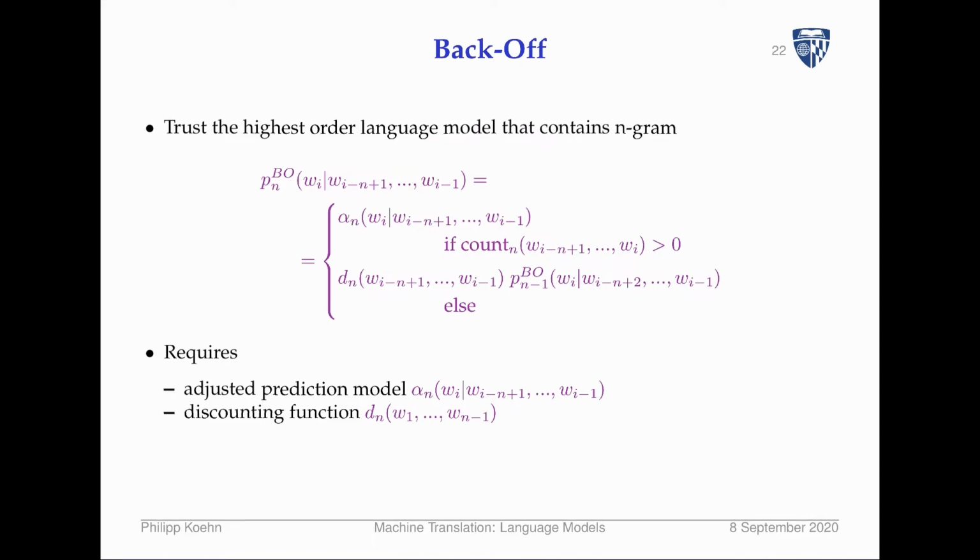Let's do one way of doing back-off, which is to just trust the higher order language model that contains the n-gram. If the count is not 0, that's where we stop. Otherwise, we go down the rails.